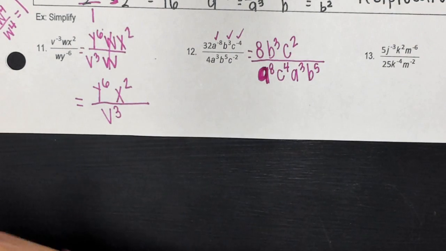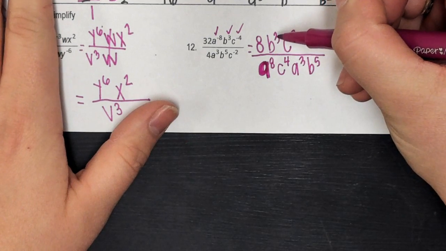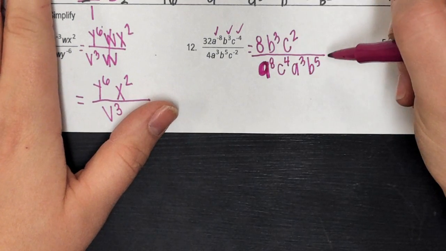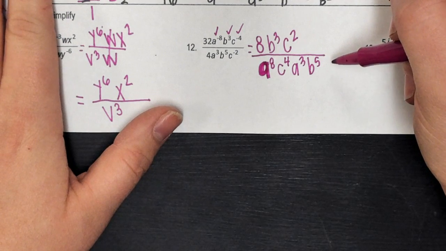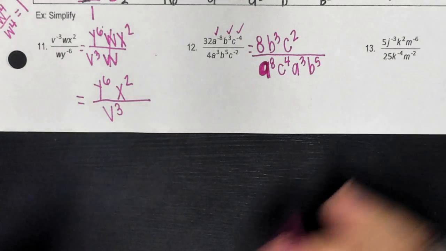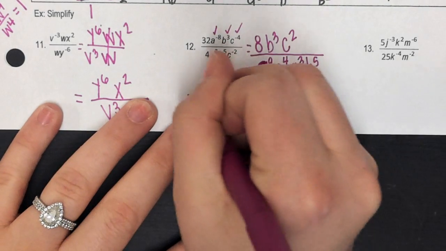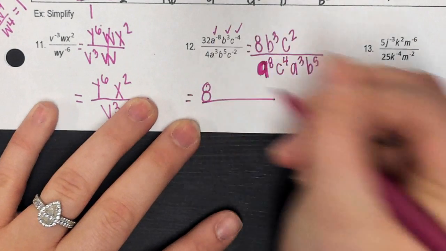Okay, now let's simplify. B to the third minus b to the fifth gives me b to the negative 2. Okay? Alright, let's rewrite our fraction. So 8's going to stay the same.